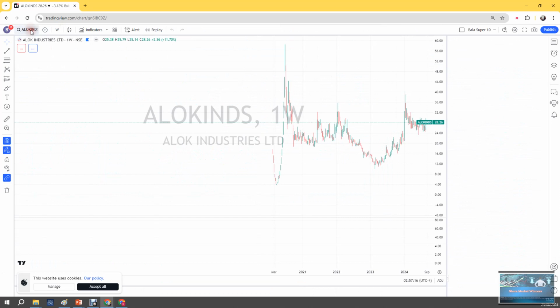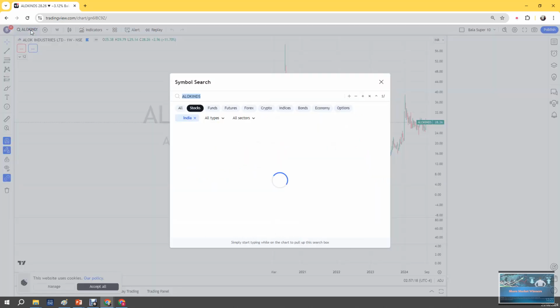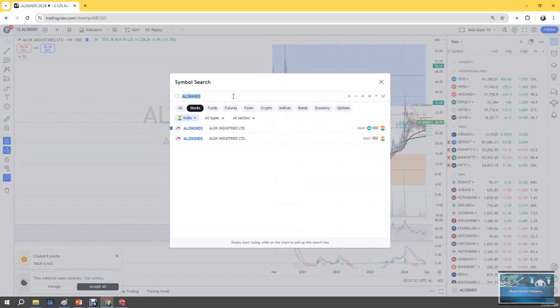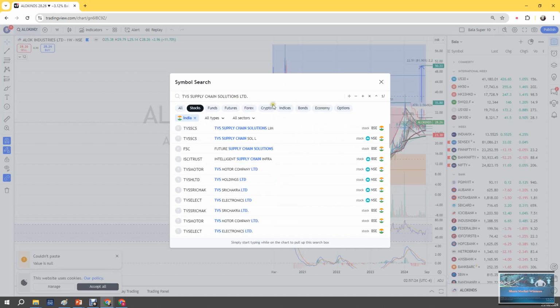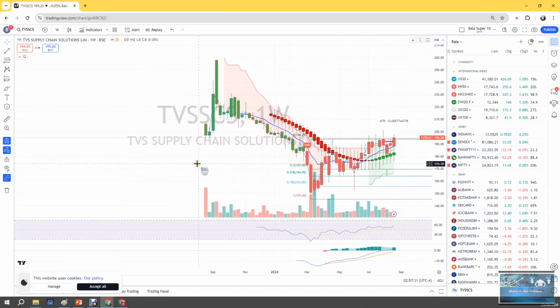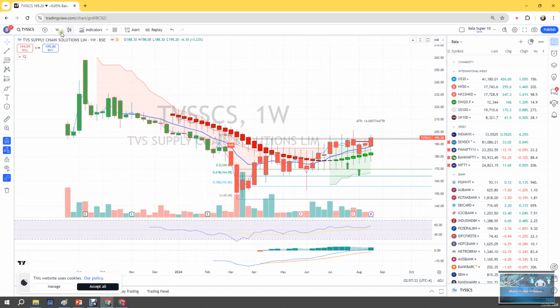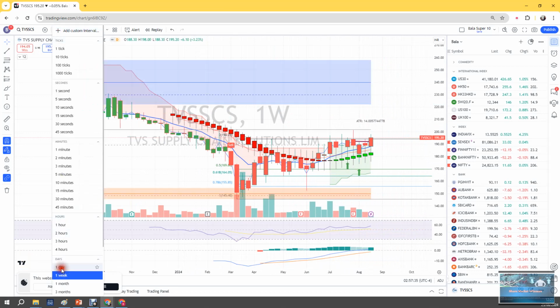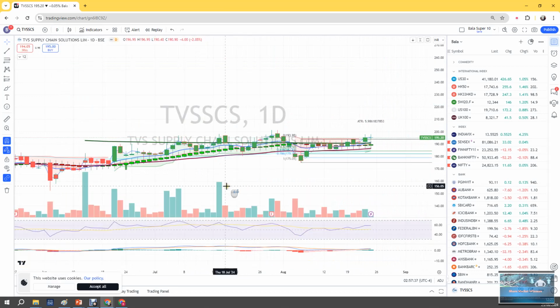In that, we are just going to see what trend line has given. There is a true condition for the golden crossover. Then once you come down here, you can take the TVS Supply Chain and we will get to know whether it has a golden crossover or not.